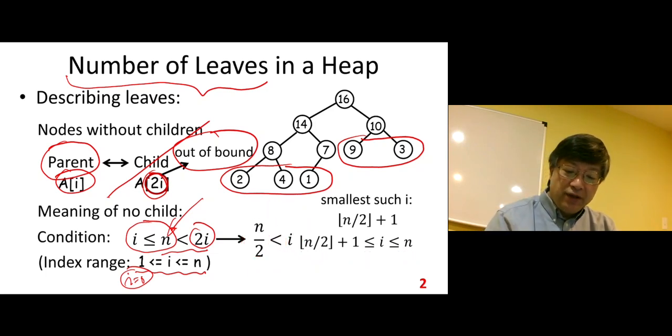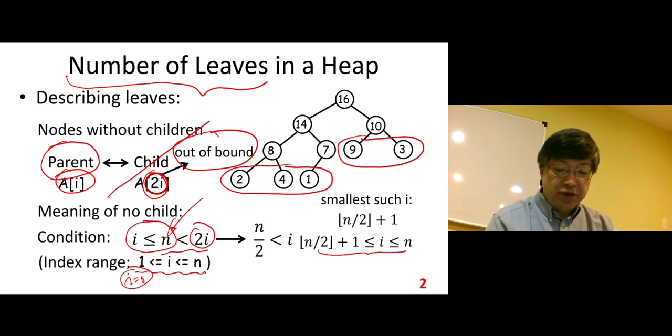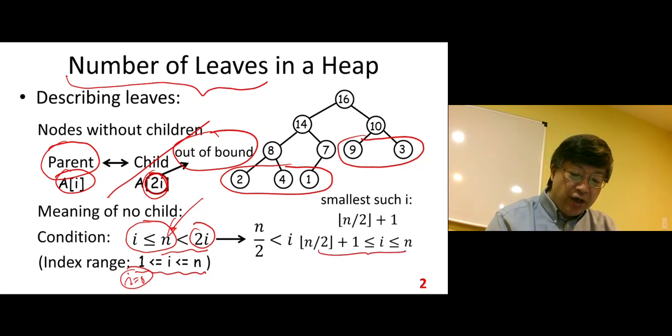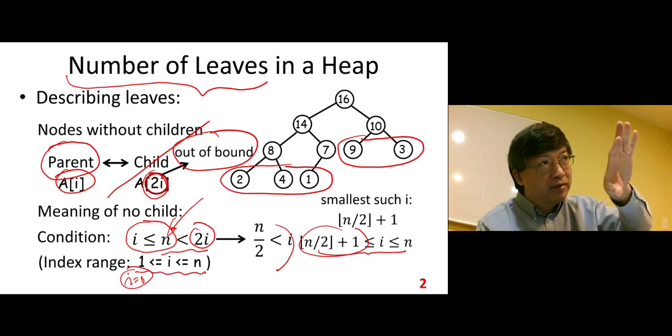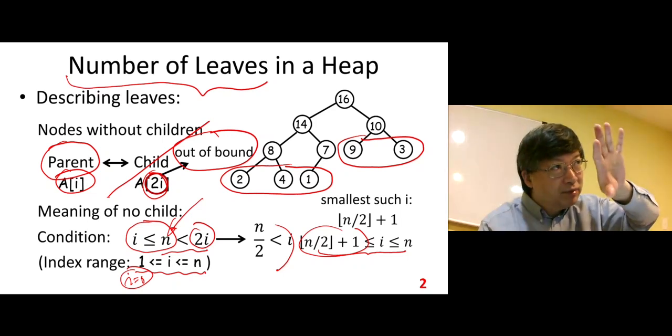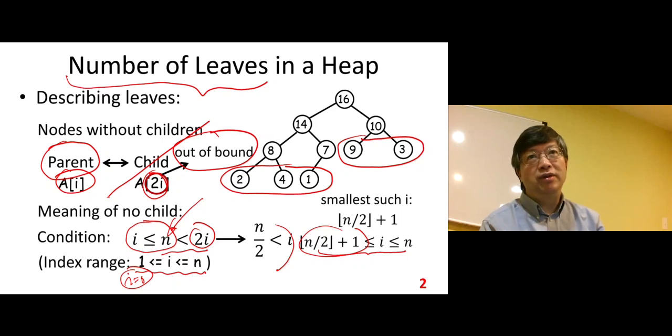If you want to calculate the total number of elements in this range, you need to use the largest one and subtract the one before the smallest one, not the smallest one. If you subtract the smallest one, you subtract the smallest element away. We don't want to do that.